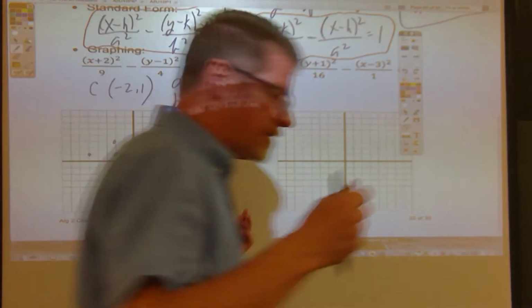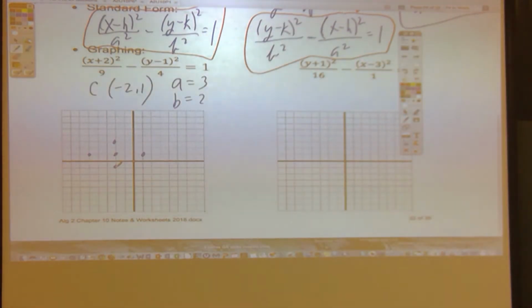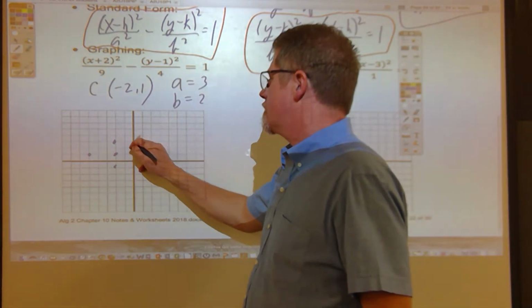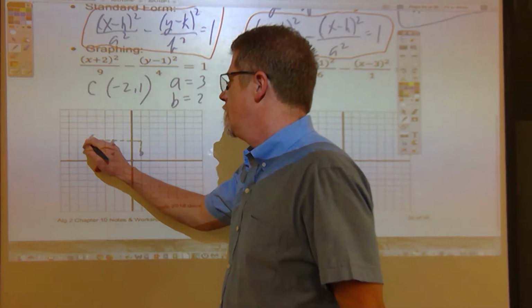But instead of drawing an ellipse, we're going to draw a hyperbola. And to aid you in sketching the graph of a hyperbola, we need a dotted box. I'm going to just draw a rectangle that goes through these 4 points.